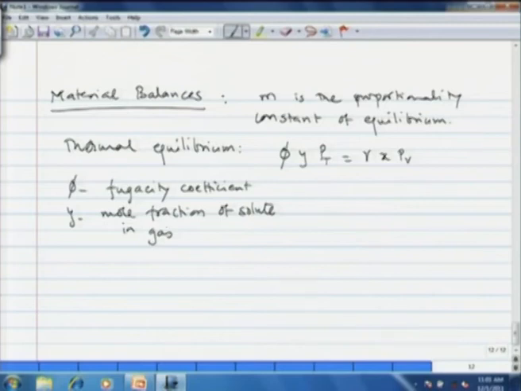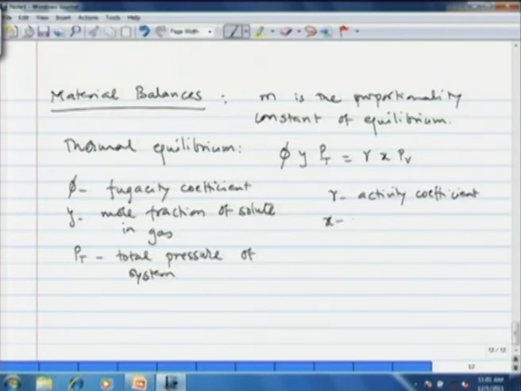Pt is the total pressure of the system, gamma is activity coefficient, x is the mole fraction of solute in solvent, and Pv is the vapor pressure.